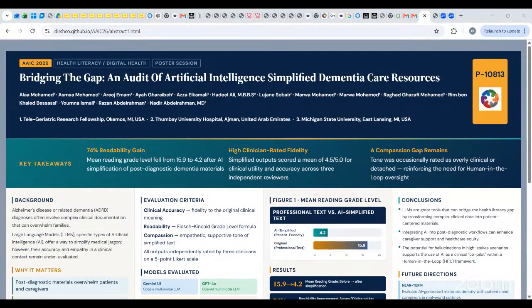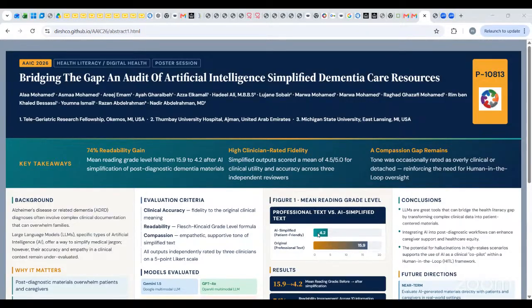It is clear now. This poster is bridging the gap. Yes. So hello everyone. I would like to give you a simple idea about our project. Our project is bridging the gap: an audit of simplified dementia care resources.